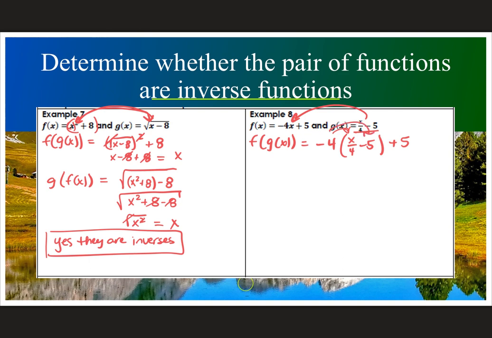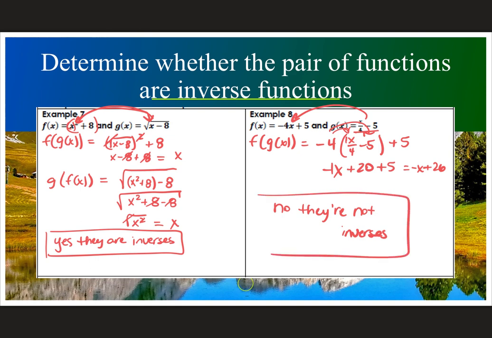So when I do negative 4 times 1x over 4, negative 4 times 1/4 is actually negative 1. So I'm going to end up with a negative 1x. And when I do negative 4 times negative 5, I end up with positive 20 plus 5. So when I simplify this, it's going to be negative x plus 26. Well, that doesn't equal x. So the answer is no. They are not inverses. We can stop as soon as we get there, because if it doesn't equal x, they're not inverses.